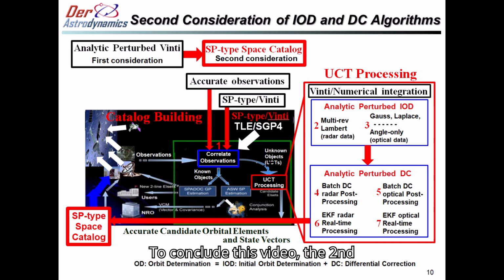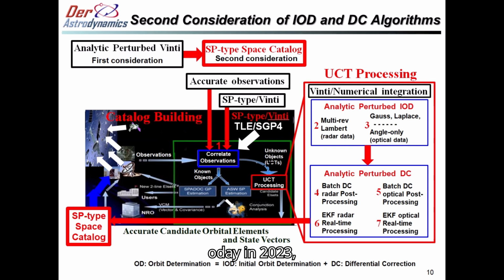To conclude this video, the second consideration of IOD and DC algorithms, SP-type space catalog, is highlighted as the red box in top center. Analytic perturbed orbit propagators, HGB4 and or Windty, can be used for track association or correlate observations in box 1. SP-type space catalog and Windty or numerical integration can be used for UCT processing in boxes 2 to 7.